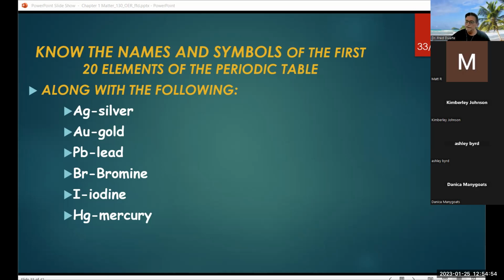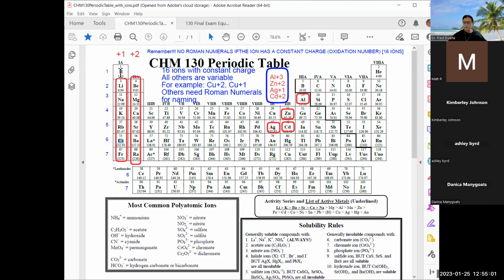Okay, let's go back, and we're going to go through the first 20. Obviously, number one, the very first element, is hydrogen. Number two, opposite on the right side of the periodic table, is He for helium. Then we go back to number three, energy level number two here. Li is lithium.